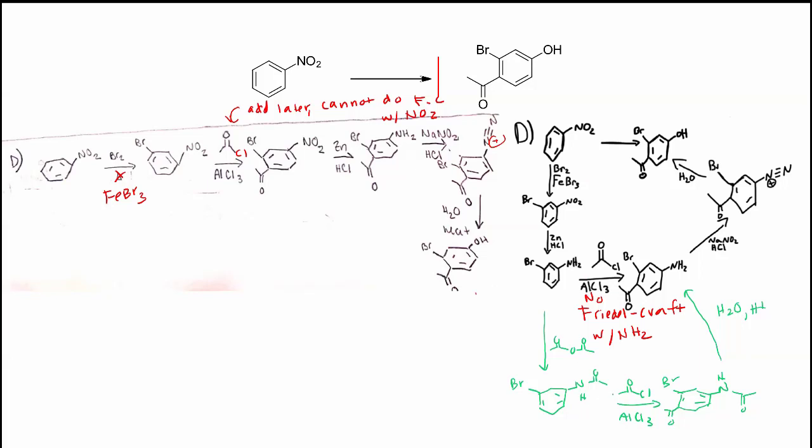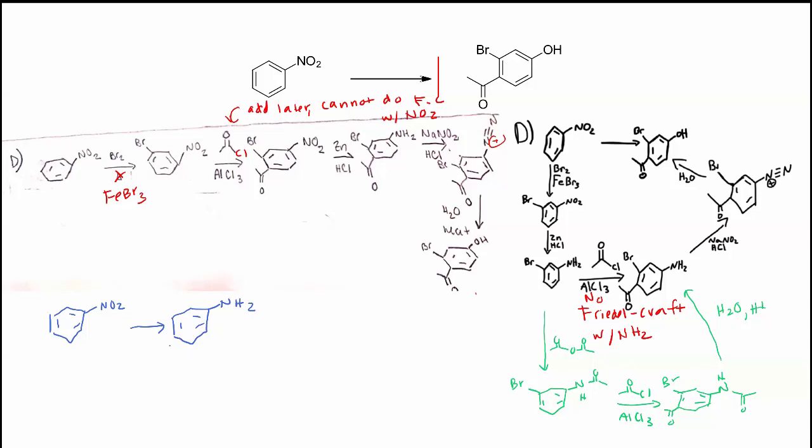If you reduce the nitro group first, that is the one driving the bus. So let's say you reduce this to the amine, and then you wanted to add the bromine or the acyl group, let's say you acetylated that, this is going to be an ortho-para director.